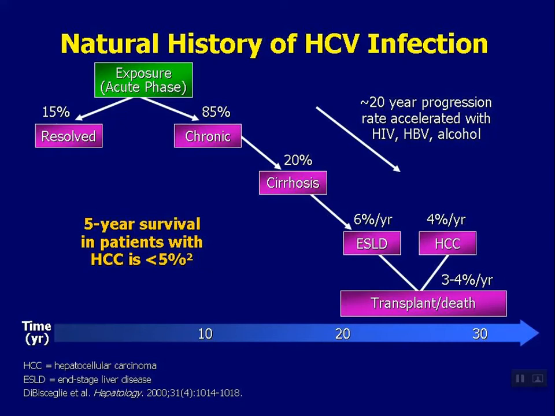About 6% per year pass to end-stage liver disease. 4% per year develop hepatocellular carcinoma, with the end result either death or transplant. But this journey takes about 20 to 30 years for progression from acute phase to HCC or end-stage liver disease.